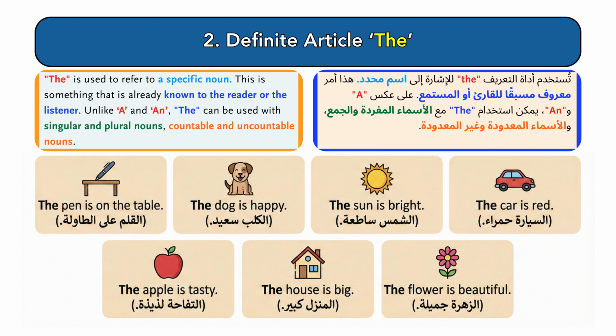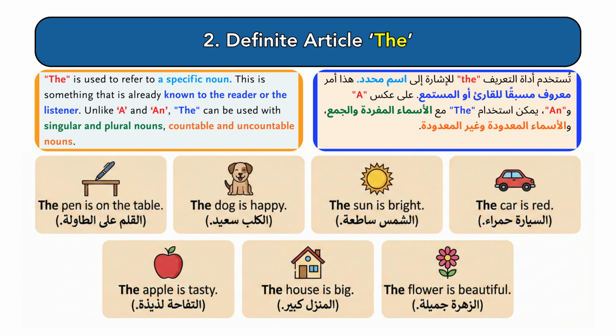Now, let's move to the second type of article, the definite article, which is the. The is used to refer to a specific noun. This is something that is already known to the reader or the listener. Unlike a and an, the can be used with singular nouns and plural nouns, countable and uncountable nouns.